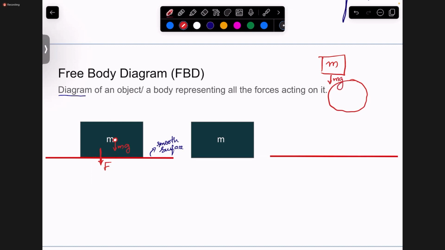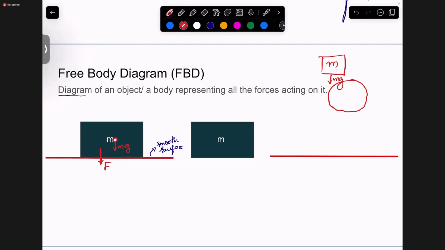That is a non-contact force, so even if you are not placing this block on a table or a floor, or if you are suspending it in air, this mg is a force that is always acting on the block.